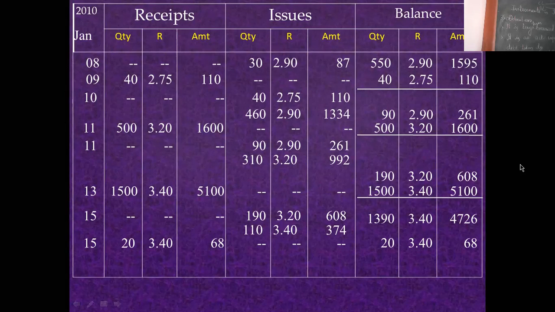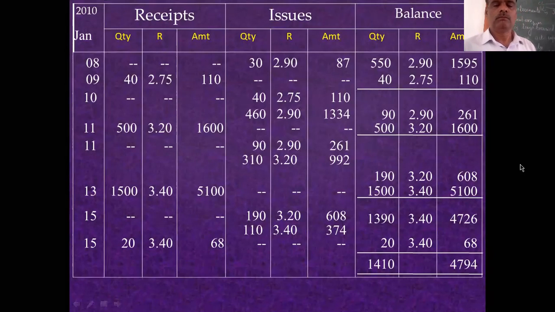You only take the total of quantity and amount. And whatever the total is there, that is called closing stock. Any doubt? Closing stock is 1410. Amount is 4794. Clear? Any doubt? So you solve all the problems.